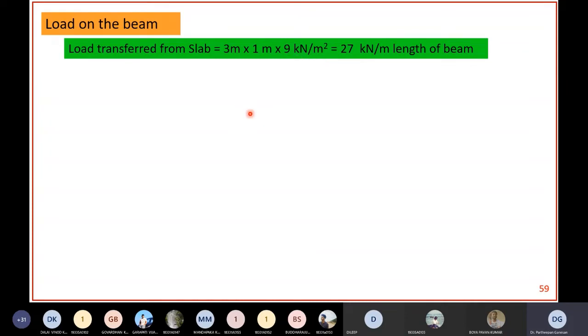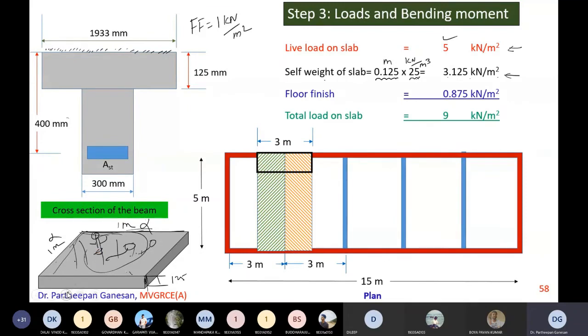Or you can simply say, let us say this W is 9 kilonewton per meter square. Remember, these are all service loads only, because the given load was also service load, there is nowhere a factored load mentioned. That is why I am writing W, I am not writing Wu. So W is equal to 9 kilonewton per meter square.